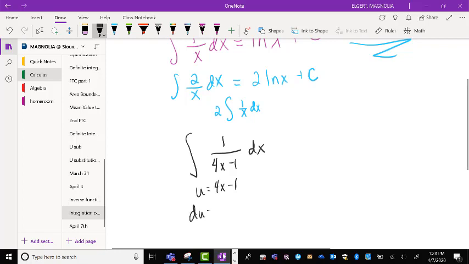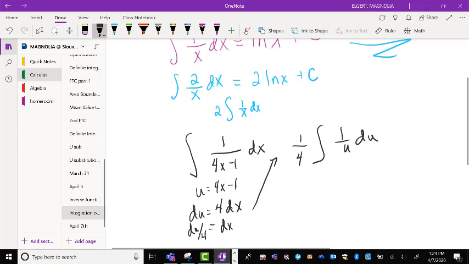Therefore, du would equal 4 dx. I don't have a 4 in my numerator, so I'm going to just divide. So dx is going to equal du over 4. So then I can rewrite this as 1/4, from this 4 in the denominator, times 1 over u du.